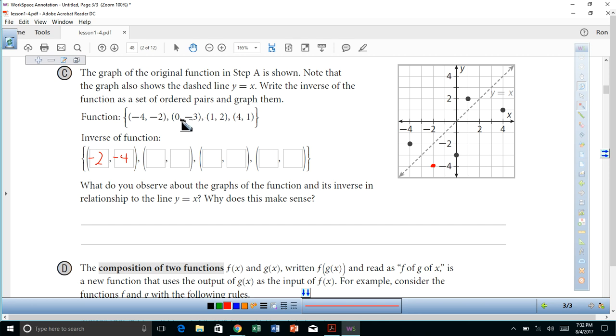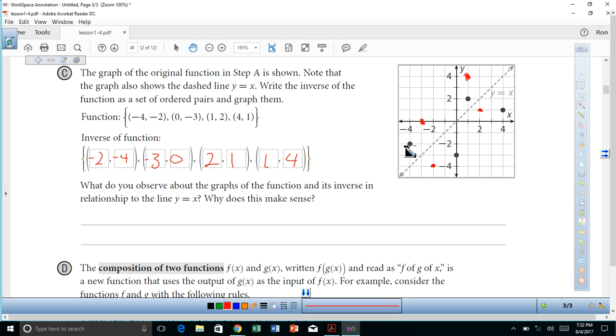Okay. And then 0, -3 becomes -3, 0. -3, 0 is right there. 1, 2 becomes 2, 1. And then 4, 1 becomes 1, 4. So 1, 4 would be right there.